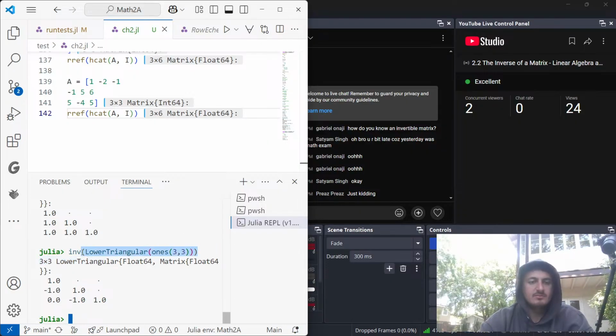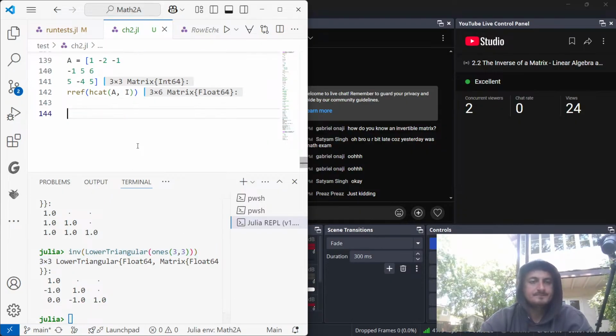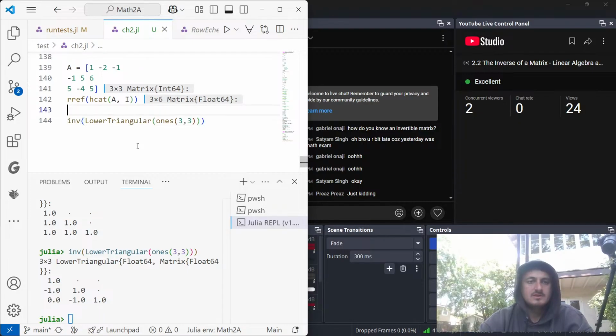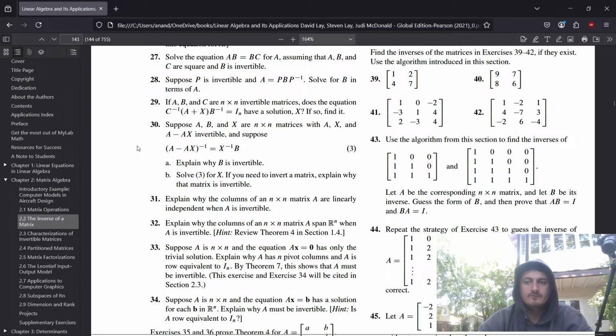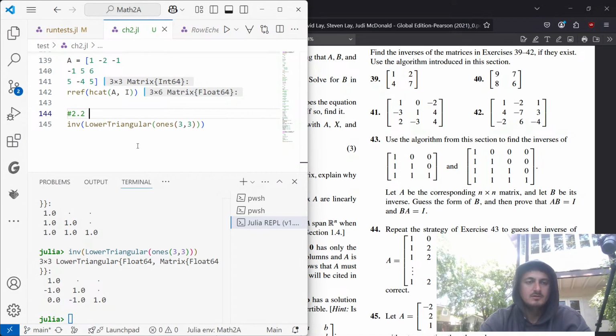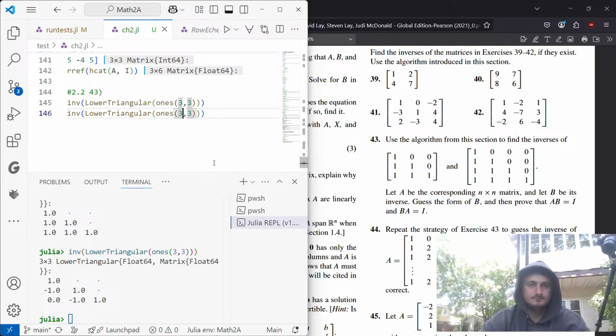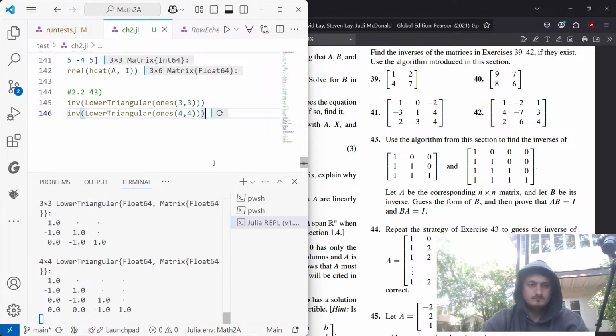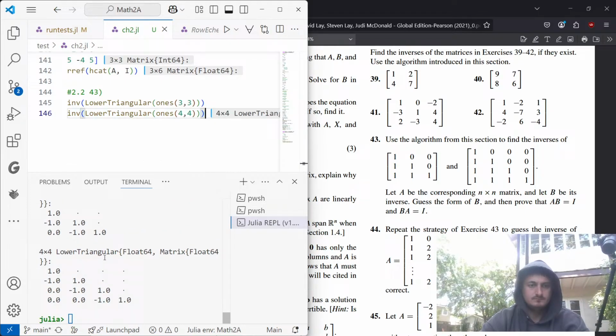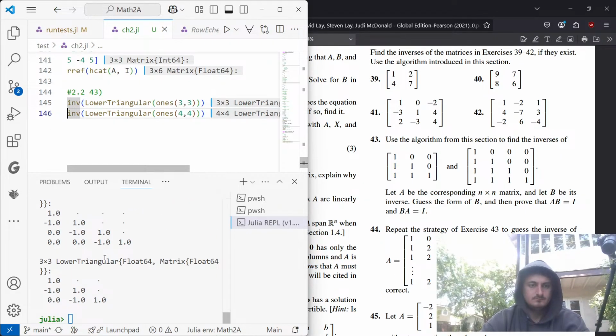Okay, so this is number 43. That's kind of interesting.